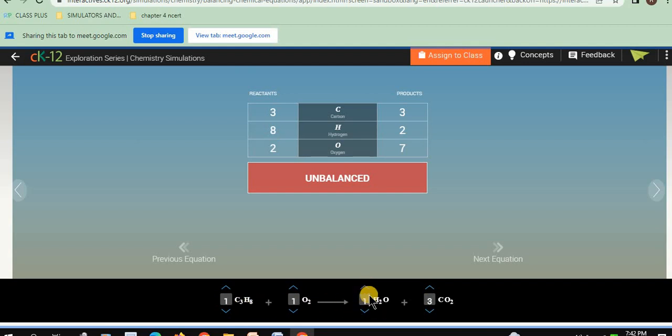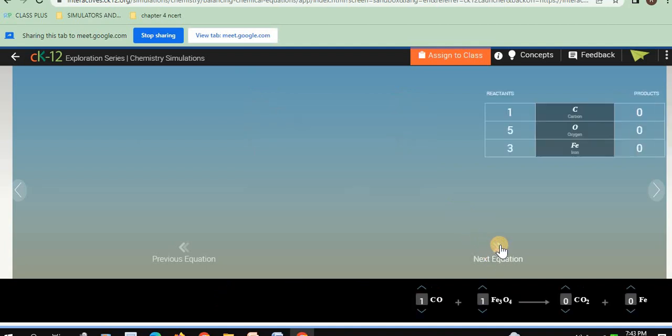How to make 8 here? Multiply by 4. Now how many oxygen total on the right hand side? 10. How to make oxygen 10 here? Multiply by 5. Yes. See, this is the way how to balance it.